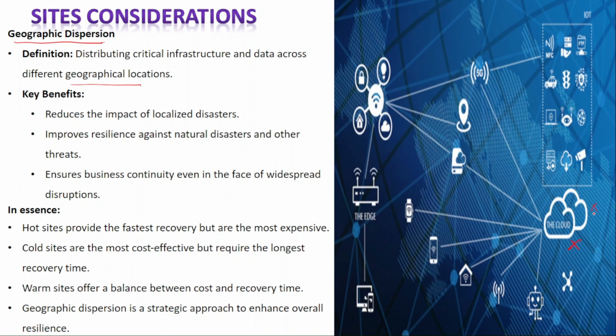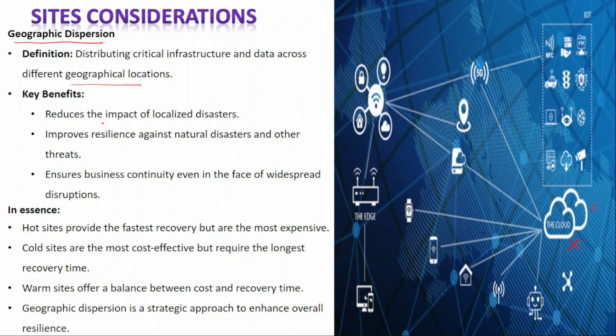This natural disaster will not be limited to your data center. It will of course hit the whole city or the near vicinity. So you need another site that is at least hundreds of kilometers away from this site or in another city, so that it is not impacted by the same disaster.